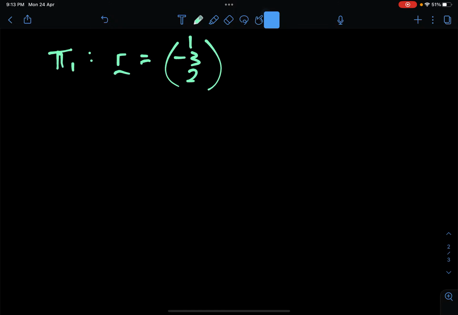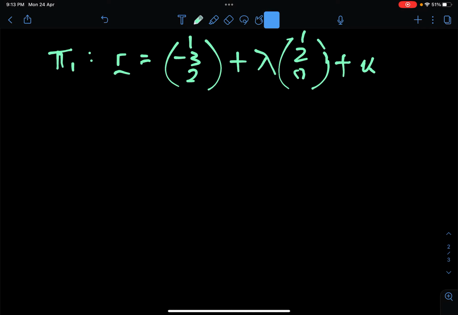And that is, we can say this is plane: r equals (1, -3, 2) plus, say, lambda of (1, 2, 0) plus mu of (0, 4, -2).